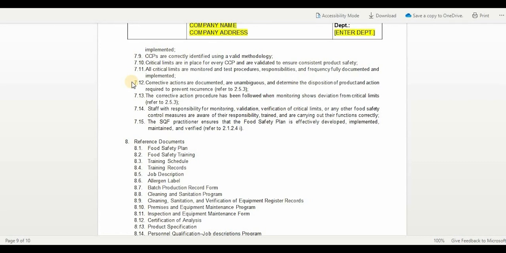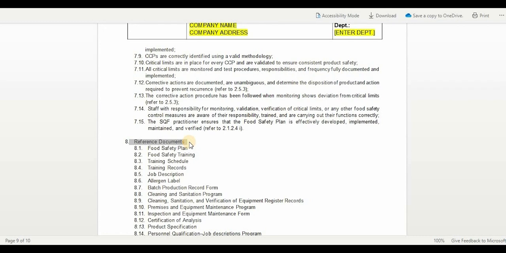Corrective actions are documented, are unambiguous, and determine the disposition of product and action required to prevent recurrence. The corrective action procedure has been followed when monitoring shows deviation from critical limits. Staff with responsibility for monitoring, validation, verification of critical limits, or any other food safety control measures are aware of their responsibility, trained, and are carrying out their functions correctly. And the SQF practitioner ensures that the food safety plan is effectively developed, implemented, maintained, and verified.